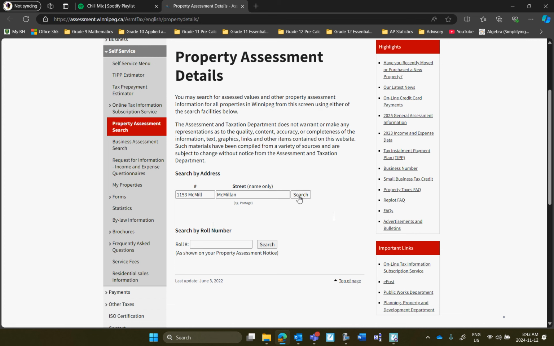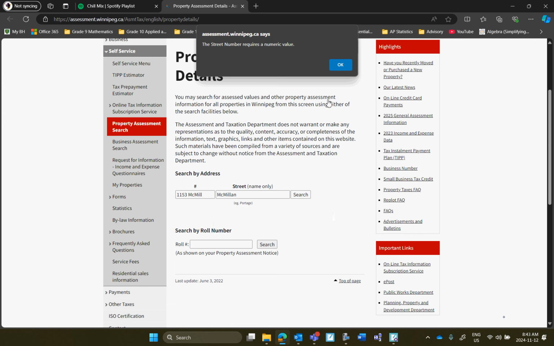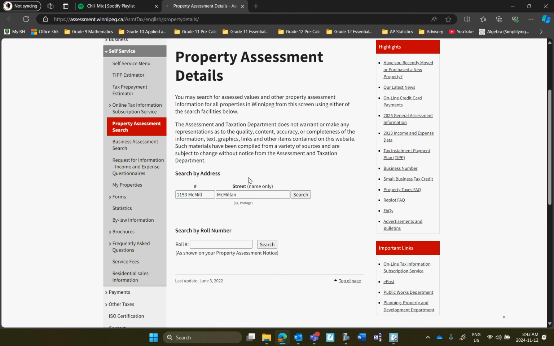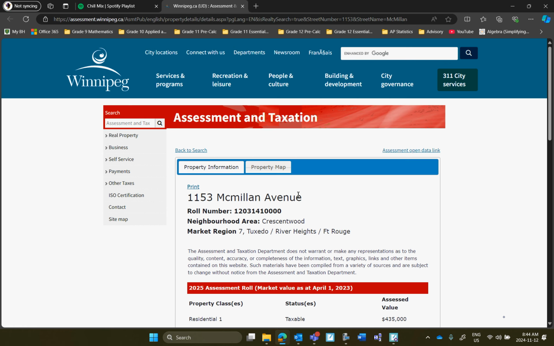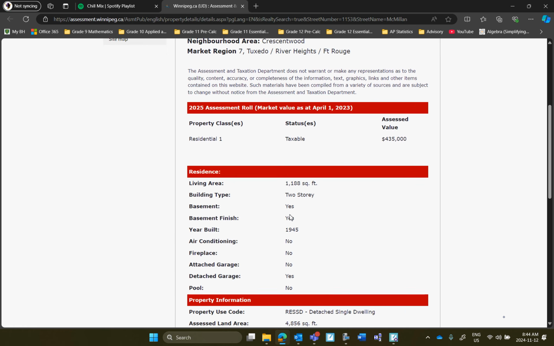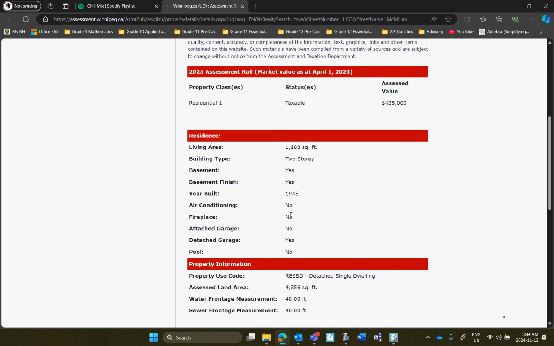Okay. Oh, right. Okay. So here, you just type your house number and your street name, and it gives you everything, all the information that they require. So I'm not afraid to show this.